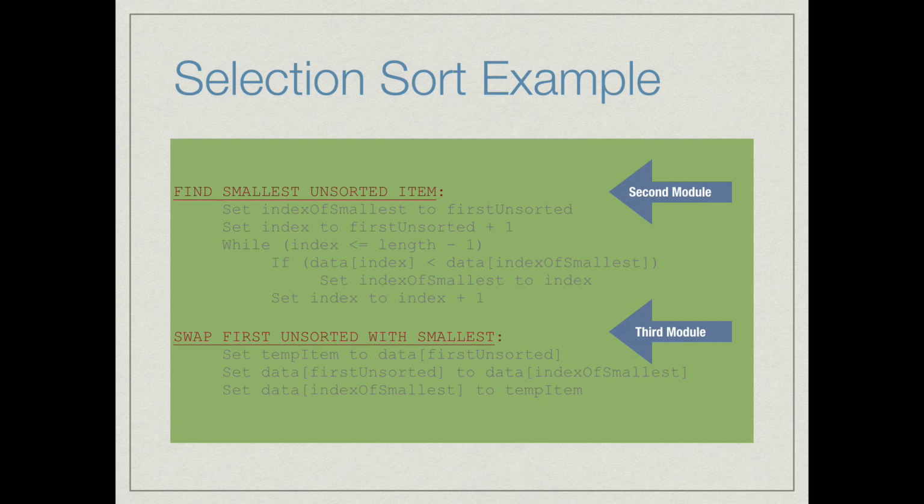So we have a temp item that holds the value that is currently in data first unsorted. We now have a copy of that data, so we can set the existing value to whatever's in data index of smallest, and we update the new value of data index of smallest to the value from the temp item, which was the original value of data first unsorted.